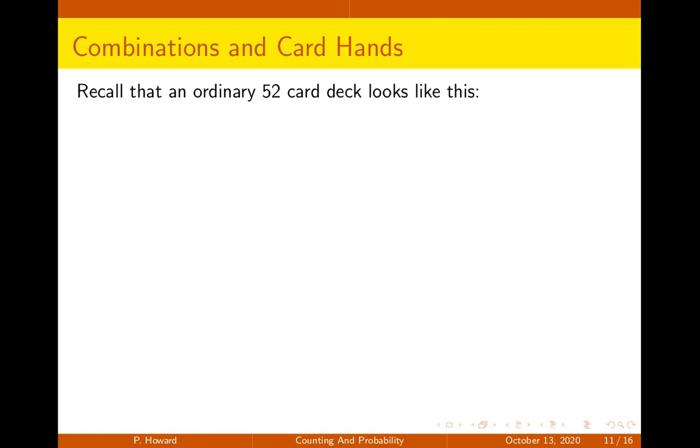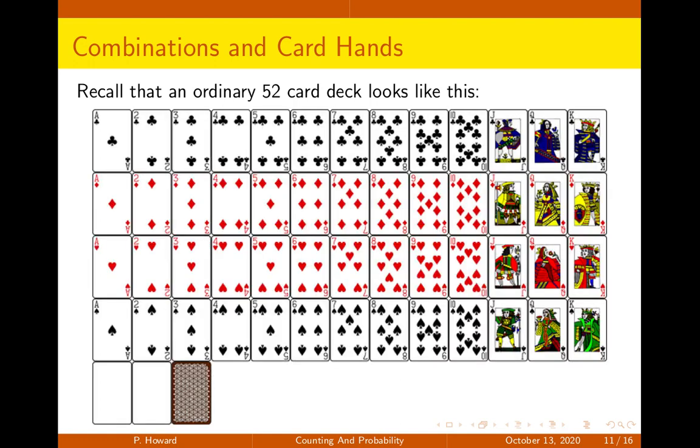And now let's look at a few probability problems involving hands of cards. So here once again is the composition of an ordinary 52 card deck. This will be important in these probability problems we're about to do here. This is a picture we've seen a couple of times before.